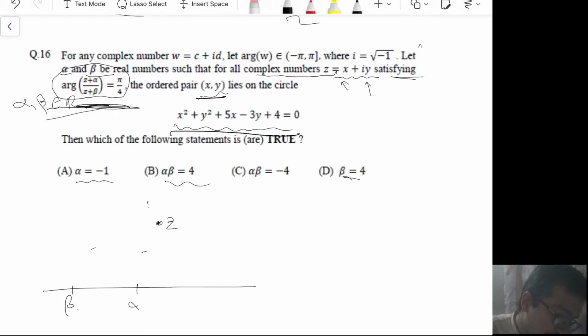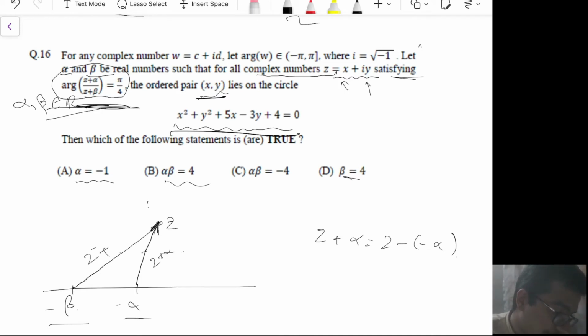Notice that z plus alpha equals z minus (minus alpha), so it makes more sense to plot minus alpha and minus beta on the real axis. Then z plus alpha is the vector which joins minus alpha to z, in the direction of z. Similarly, the vector joining minus beta to z is z plus beta, right?